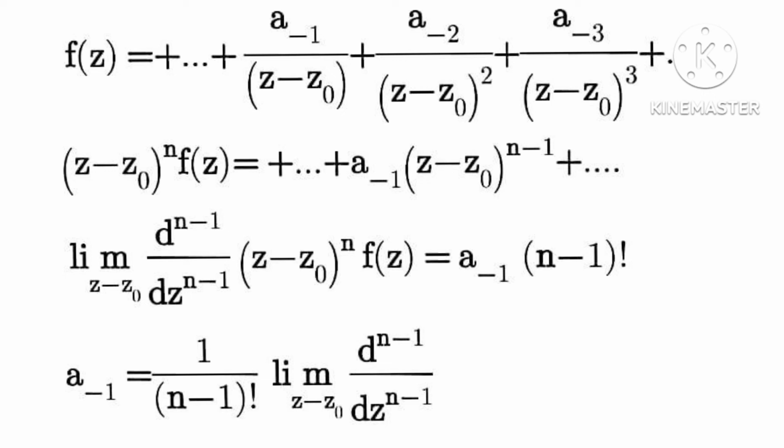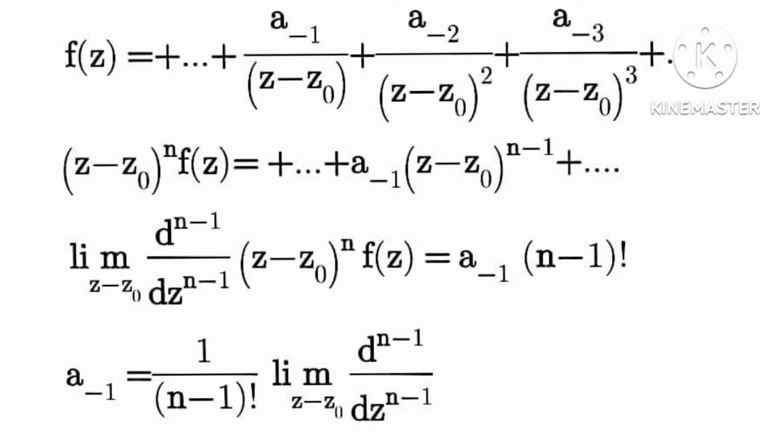So similarly, we have our Laurent series, but in this case we multiply f of z with z minus z naught, all raised to the power of n. And of course, a minus 1, a minus 2, a minus 3 have the power of 1, 2, 3 respectively.